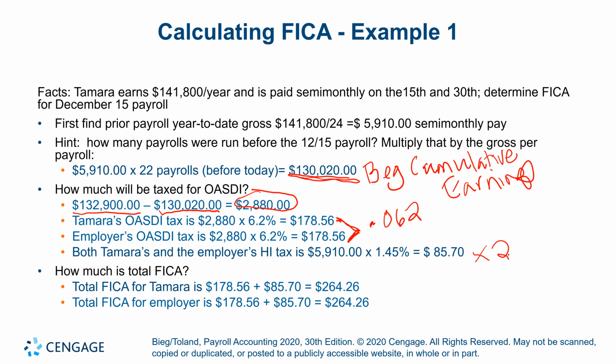So what is the total FICA tax? Again, adding in FICA Social Security and FICA Medicare, we would add both of these numbers together, both the employee's, Tamara's, 264.26, and the employer's 264.26, right?